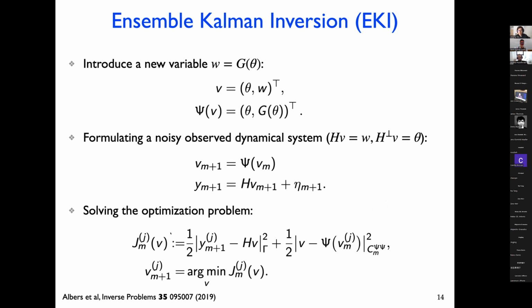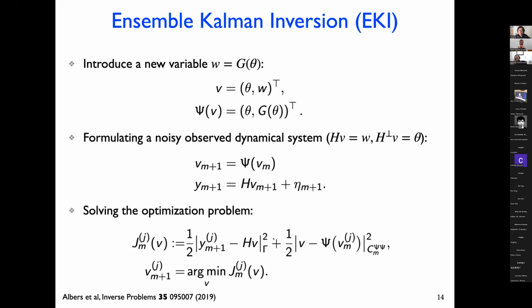This optimization goal can be understood intuitively: we want to find an augmented vector V that not only gives us good agreement in data space, but is also not very far away from the forward evaluation G(theta).